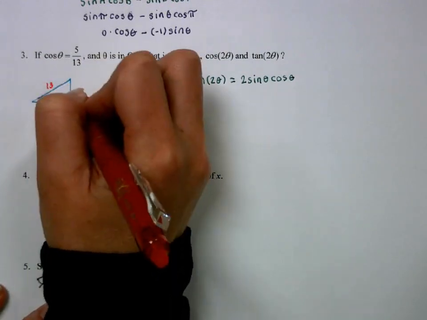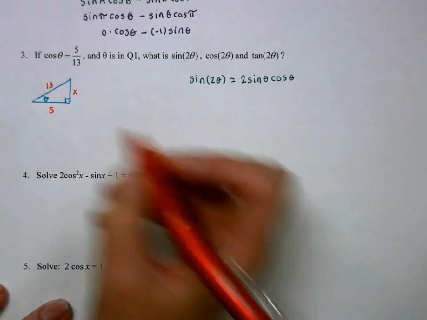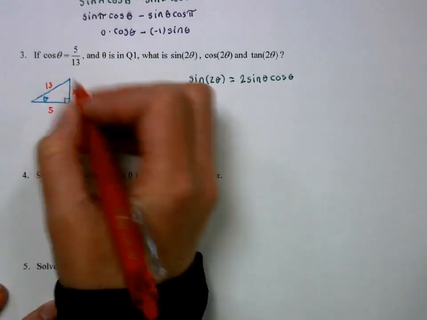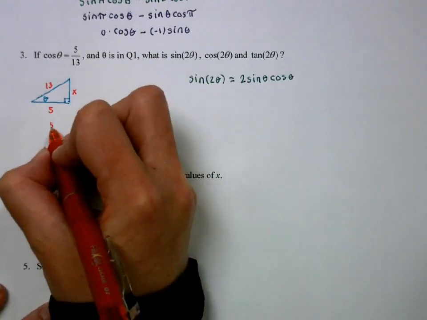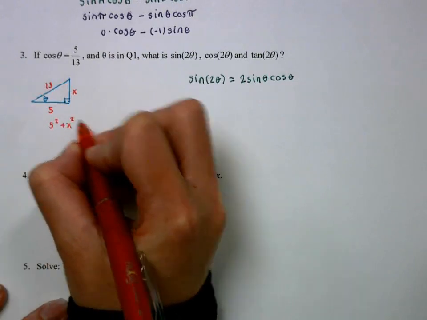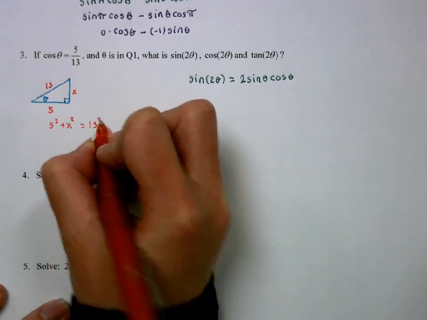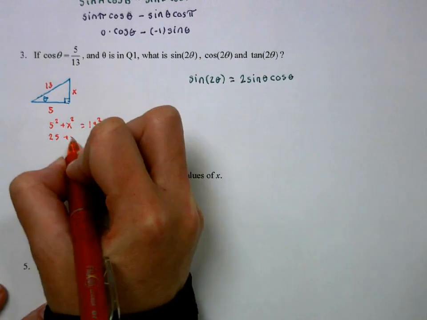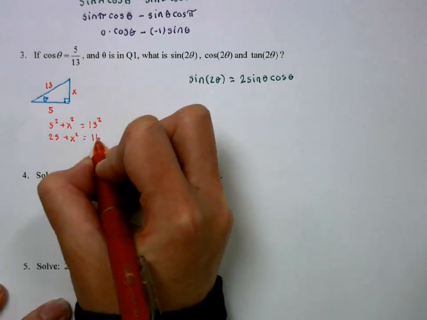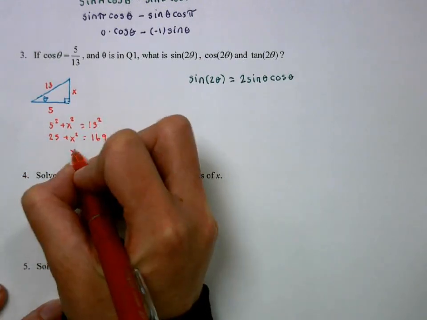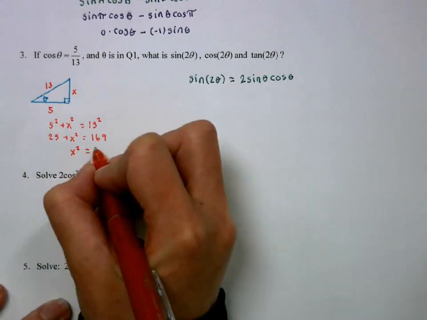Okay. So you might know this Pythagorean triple, but if you don't, we can use the Pythagorean theorem. So 25 plus x squared equals 169. Subtract to get 144, so x is 12.